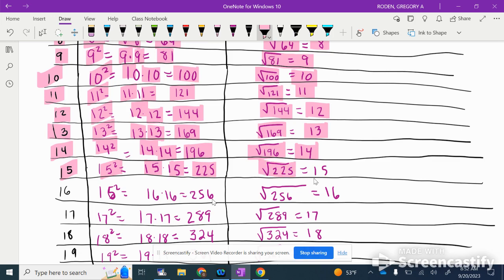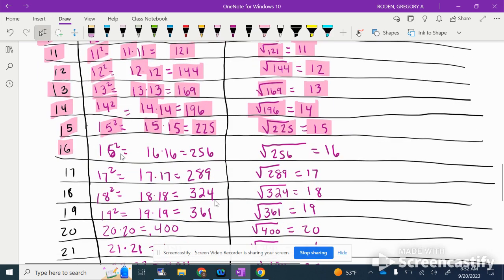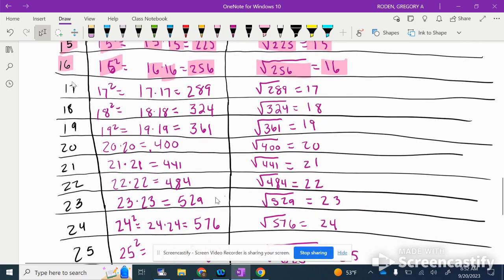The square root of 225 is 15. 16 is 16 squared. 16 times 16 is 256. The square root of 256 is 16. We're going to go up to 25, guys. 17 squared is 17 times 17. That's 289. The square root of 289 is 17.